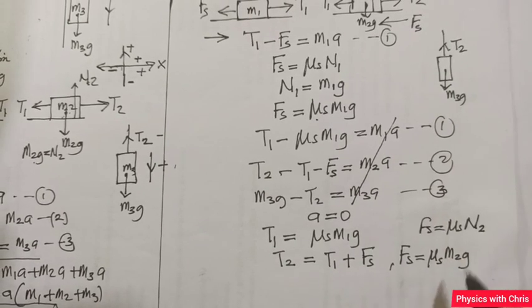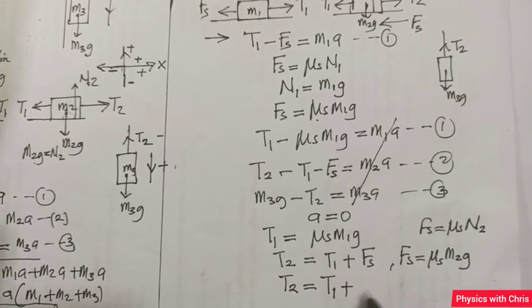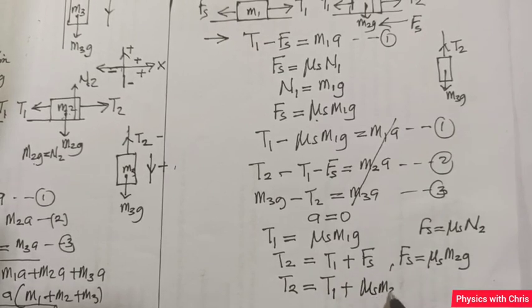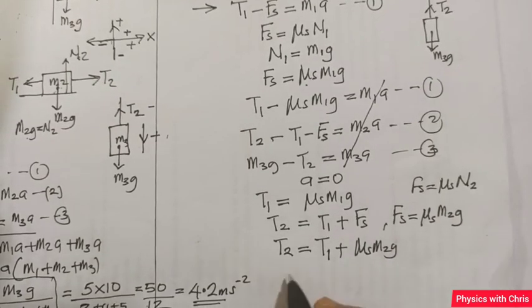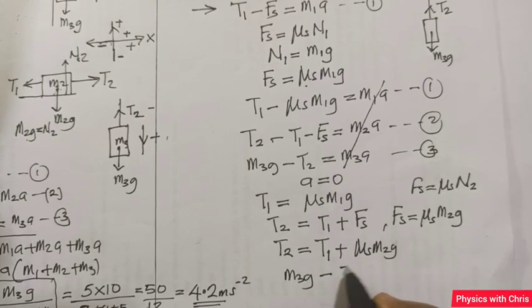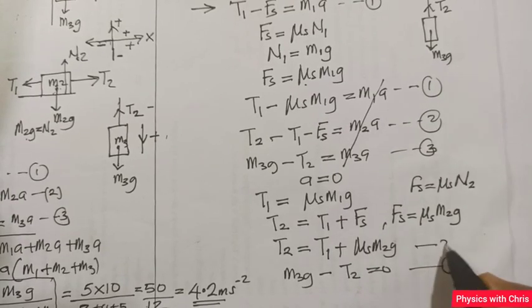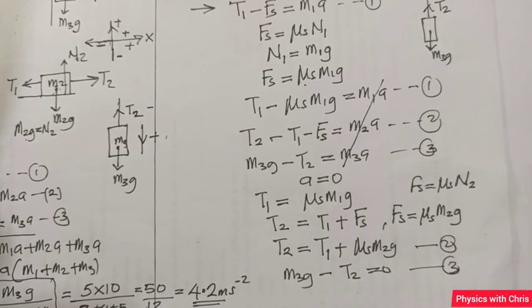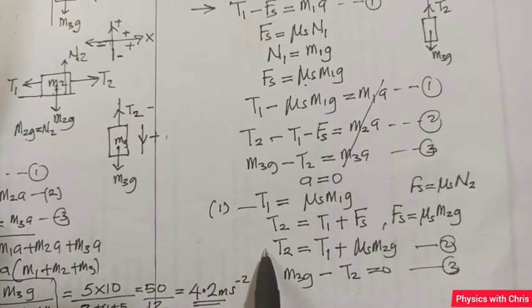So if I substitute that, I have T1 plus mu s M2G. And then M3G minus T2 equals 0 from equation 3. This was equation 2, I just modified that equation 2. So I have back my equation 1. This is my modified equation 1, modified equation 2, and then equation 3.